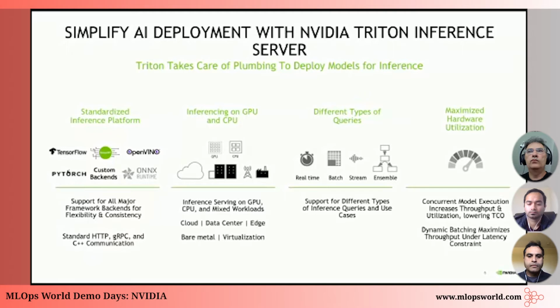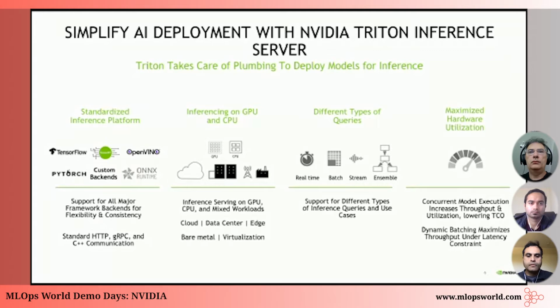The other key advantage of Triton is having support for mixed infrastructure, as Shankar mentioned. So we see models today are being deployed on different types of environments and different types of hardware. And Triton from the very beginning was designed to support being able to deploy on GPU and CPU as well.